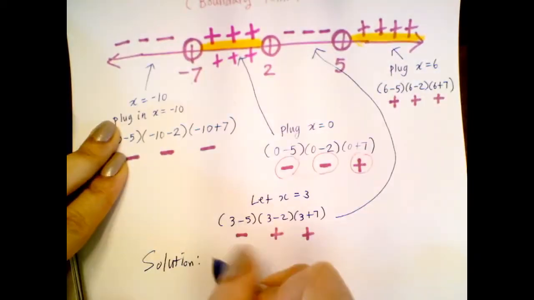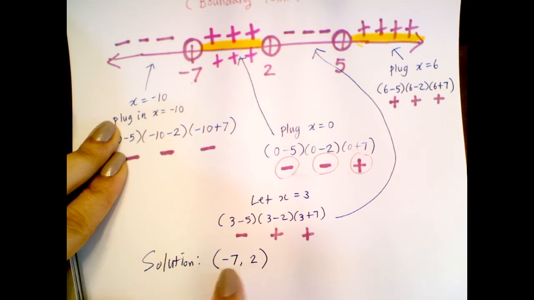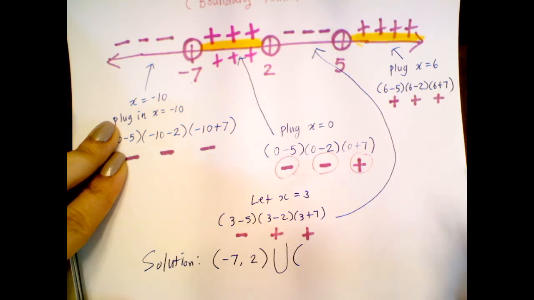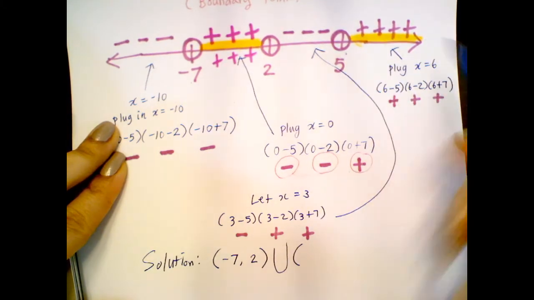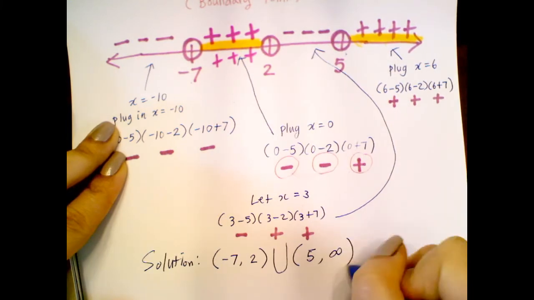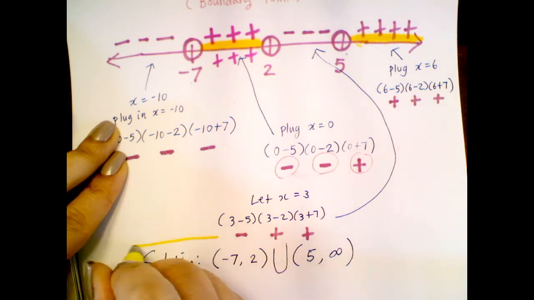With open circles, that will be (-7, 2), but do put regular parentheses, not brackets, okay? Union. What's the second region? 5 to, keep on going, right? 5 to positive infinity. And that's how you solve a polynomial inequality.